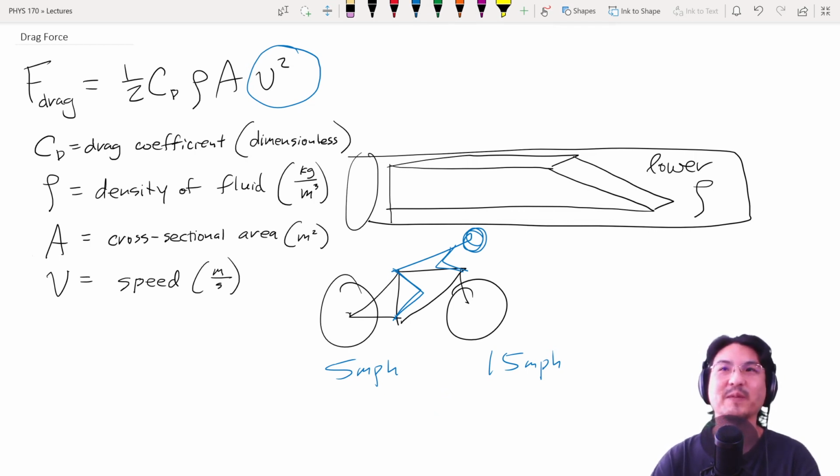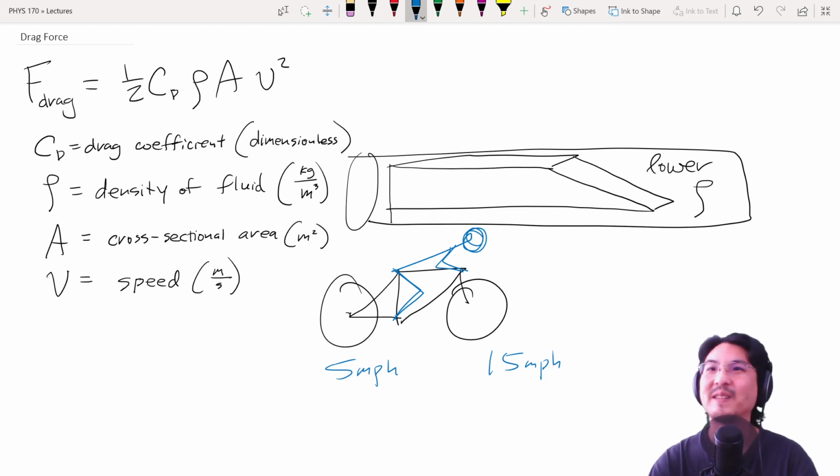So similar, like if you're driving your car, like the faster you go, the more drag there is, but speed squared. So it'd be best if everyone were driving kind of slower at a constant speed. That minimizes the amount of force required to propel yourself, because then you minimize drag.